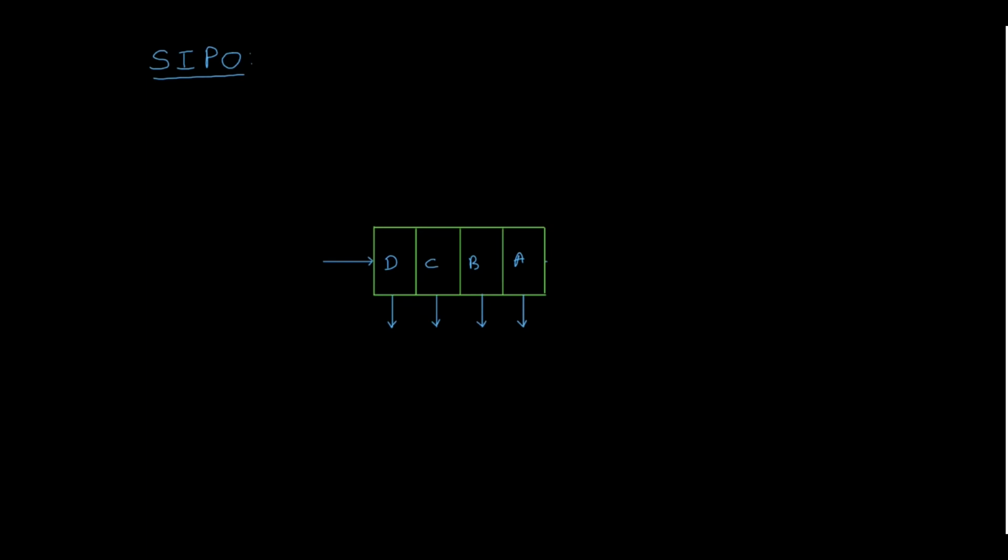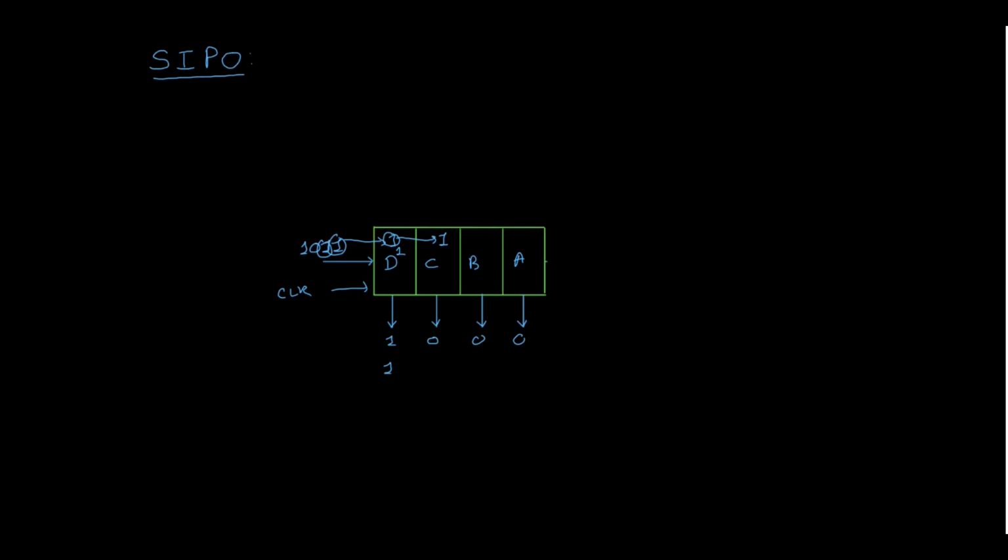So when we apply any data at the input, like 1011, then we know that with the first clock pulse, this one is going to appear here. So this output will be a 1, and all the other outputs will be 0. Now when the second clock pulse is applied, this one will be transferred to this, and the second one is going to appear here.